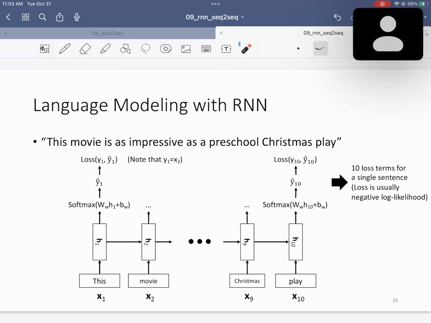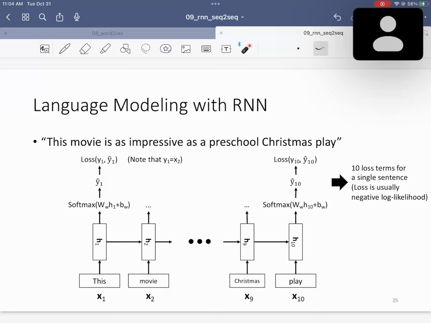So given this H1, you use H1 to turn this into the next word, which is movie. Out of all the words, W will be as wide as the entire size of the vocabulary, 50,000, 10,000, whatever. Out of all the words, like cat, dog, boy, whatever, you want to predict movie.